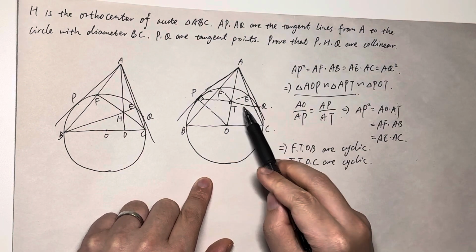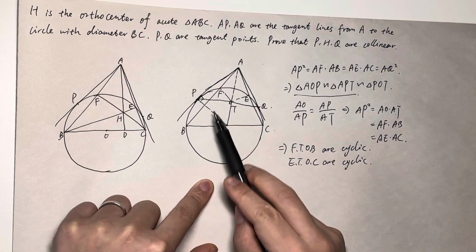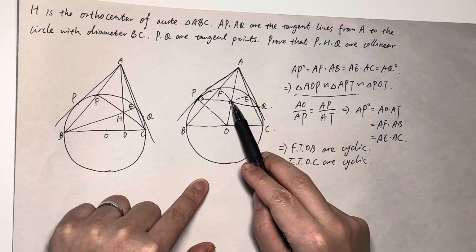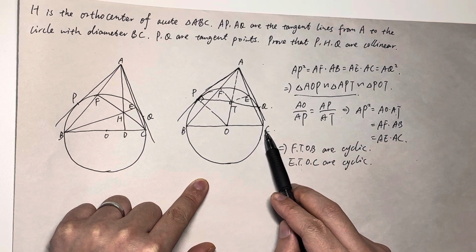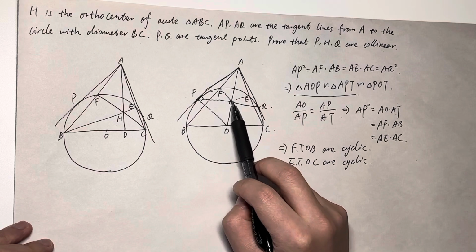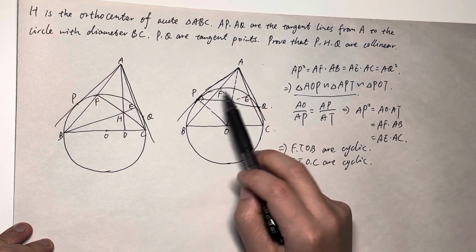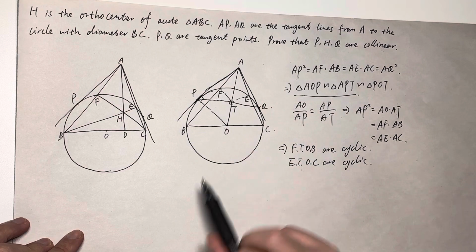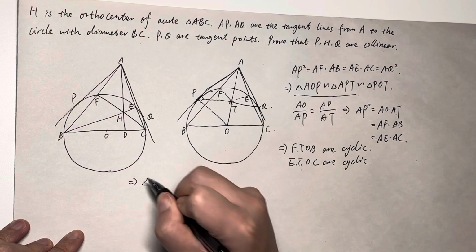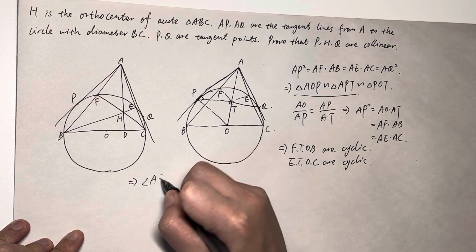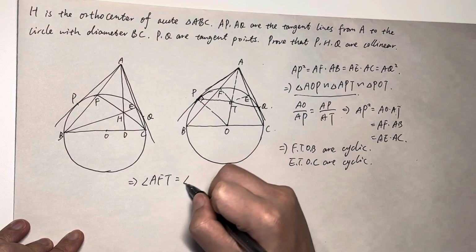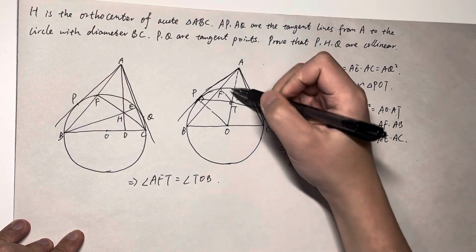We know that FTOB are cyclic and ETOC are cyclic, right? Because FTOB is a cyclic quadrilateral, we know that angle AFT equals angle TOB, right?